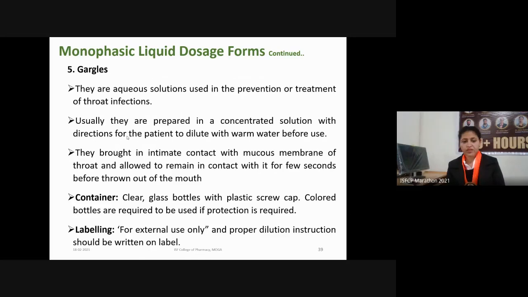The labeling should contain for external use only, and proper dilution instructions should be written on the gargle. As I already told you, gargles come in concentrated form. So proper dilution instructions should be written on the label, how we have to dilute the gargle before using it.